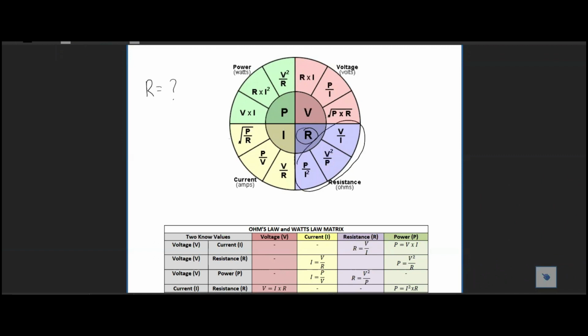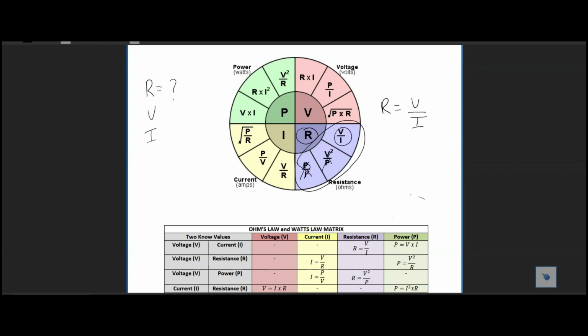All you have to do is find the one that has your voltage and your current. So we can't use this one because this one has power and current. This one doesn't work because it has voltage and power. But this one does. V over I. So R equals V over I. That's the formula you're going to need in order to calculate the resistance.